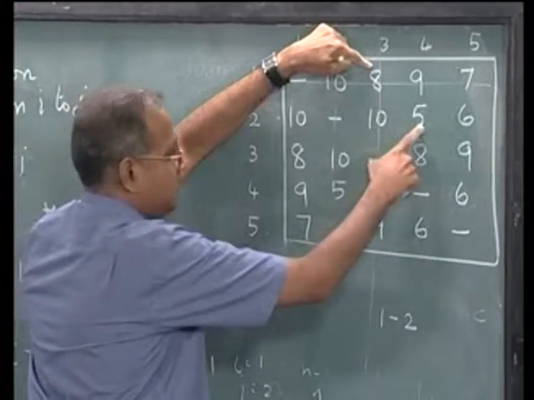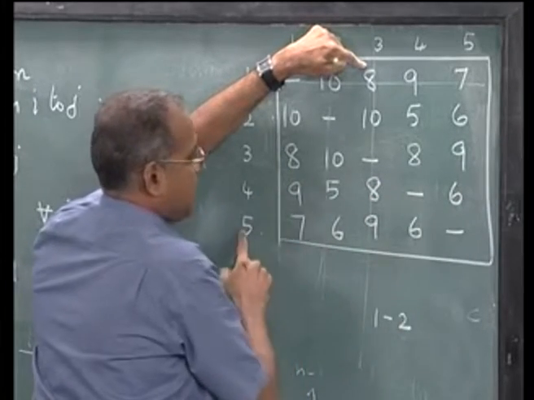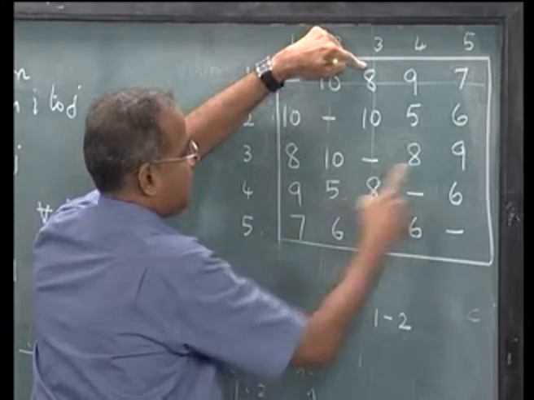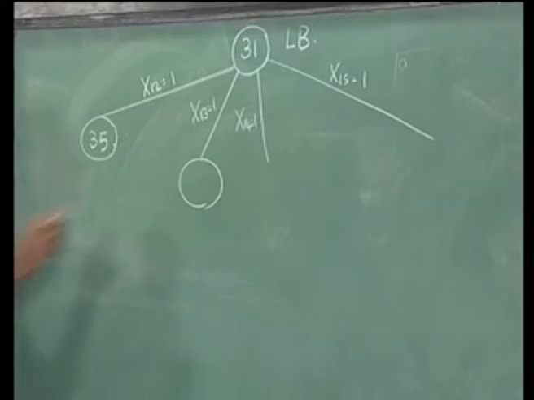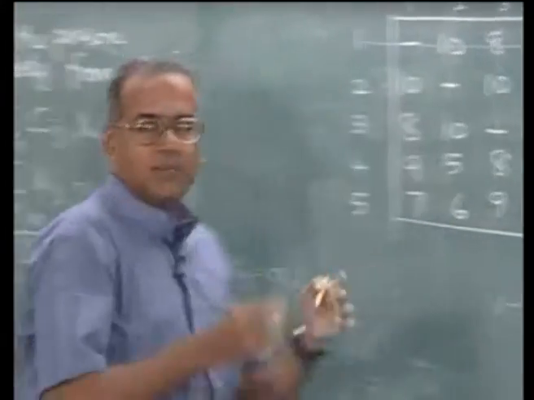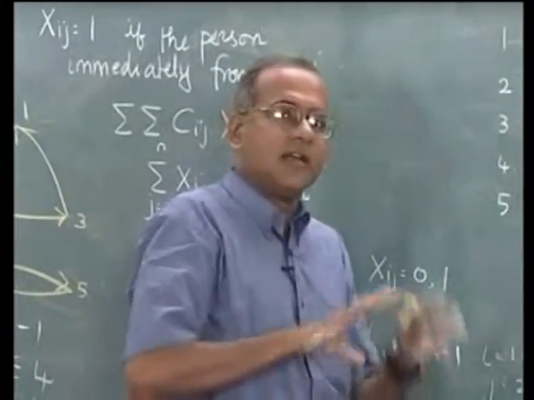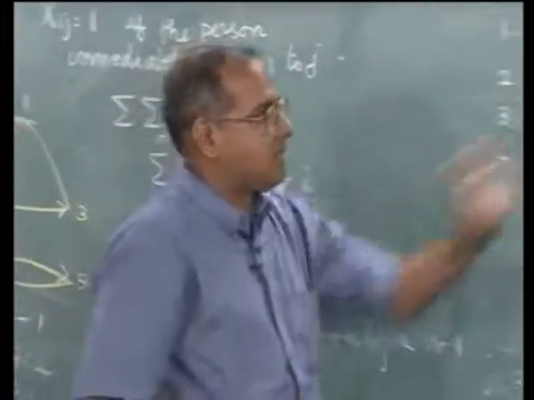I repeat, minimum 5, minimum here is 8, minimum here is 5, minimum here is 6, 6 plus 5 is 11, plus 8 is 19, plus 5 is 24, plus the fixed 8 would give us 32. So, if the person goes from 1 to 3, the minimum distance the person has to travel is 32. So, for every ij that is fixed, leave out the ith row, jth column, take the reduced matrix and then find the sum of the row minima and then add the fixed values.